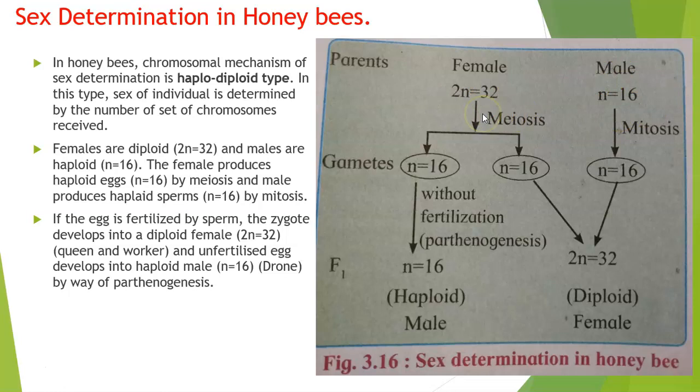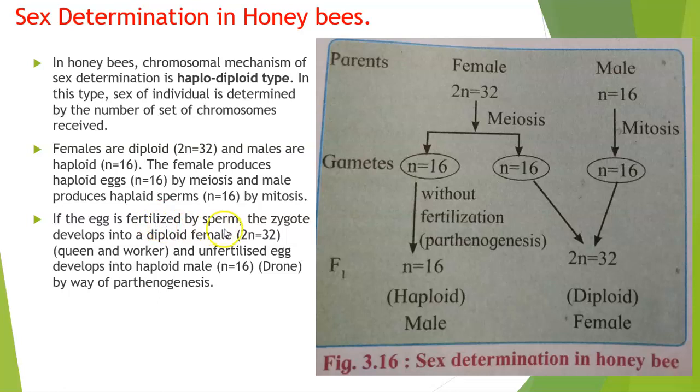The female produces haploid eggs by meiosis, that is n=16, and the male produces haploid sperm directly by mitosis. So there is no equational division happening in the male.